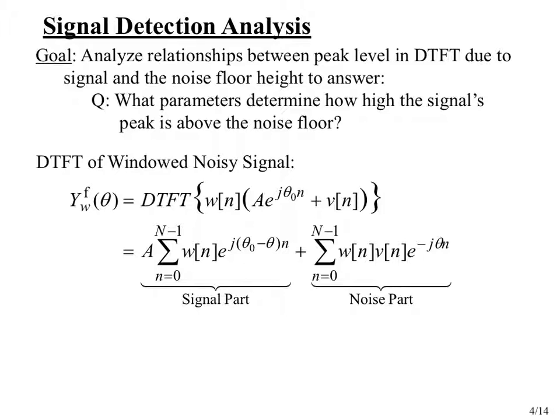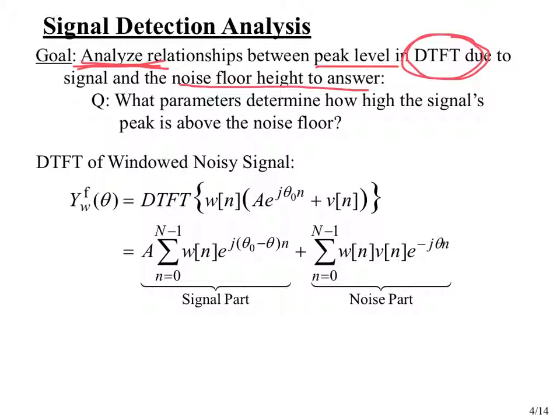So to see how that works, we need to analyze the scenario so that we can figure out what the relationship is between the peak level for the signal and the noise floor height. And we will do all of this in terms of the DTFT because that way we don't have to commit to a specific sample spacing, amount of zero padding, or number of samples collected.